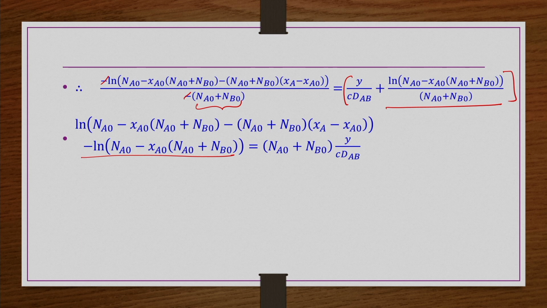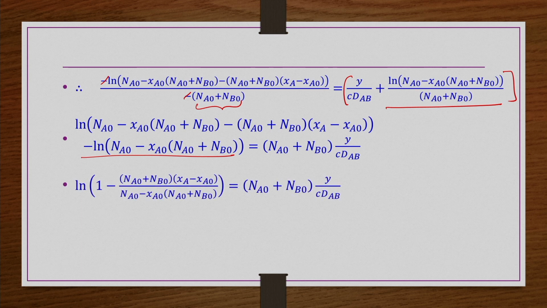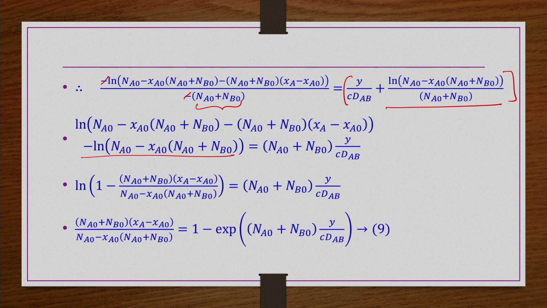So now this is ln A minus ln B form. So I can write ln A by B, so that I write and then simplify, I get 1 minus NA naught plus NB naught XA minus XA naught divided by NA naught minus XA naught, NA naught plus NB naught is equal to NA naught plus NB naught y by C dAB. Right.